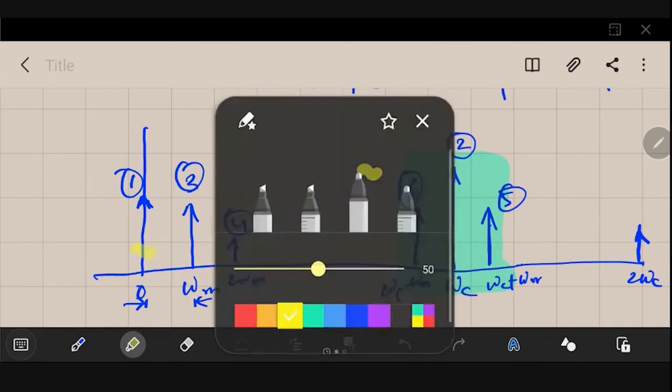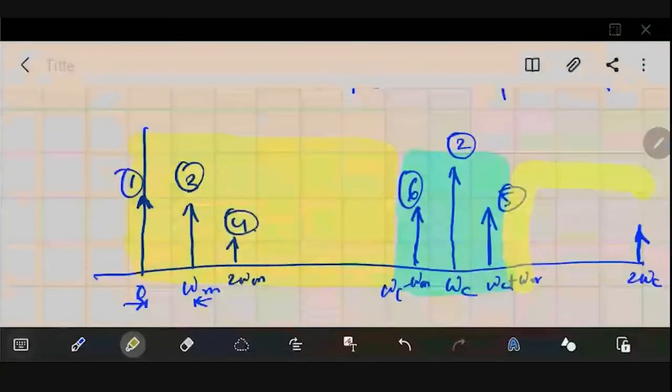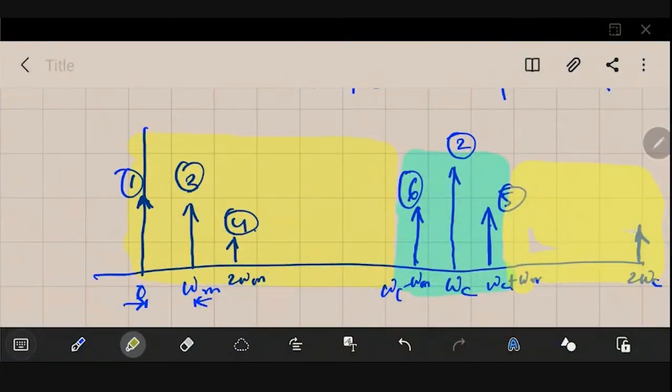As you could see, the components which I am showing in yellow will all be blocked. Whatever I have shown you here in yellow, those frequency components will be blocked.